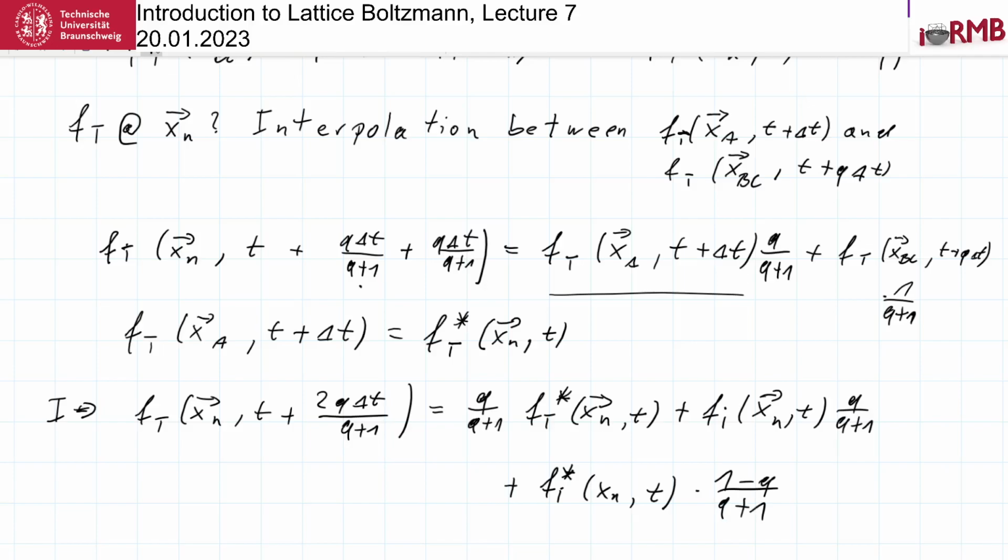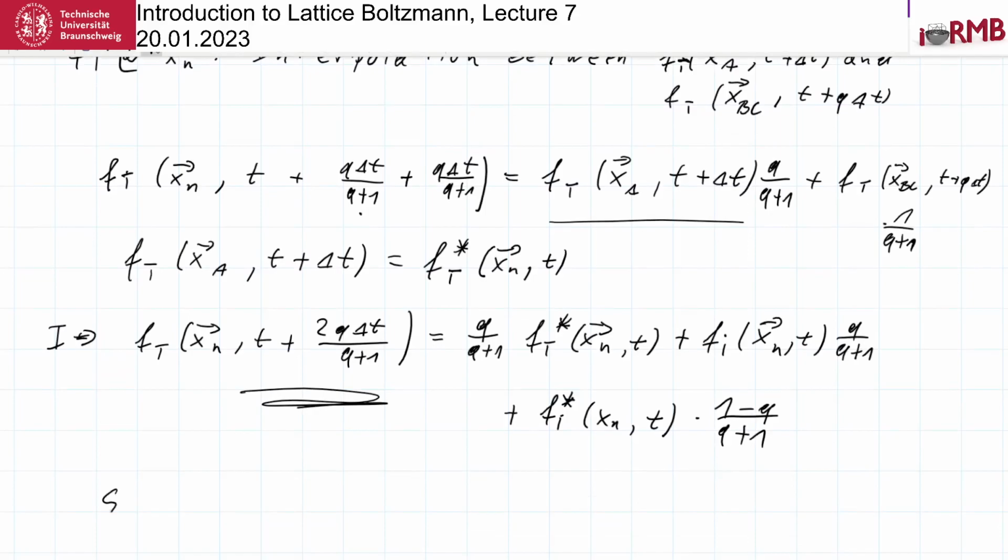So the important thing here is now that everything on the right-hand side is strictly depending only on xn and t. The only problem that we have is that our boundary condition appears in the wrong place in time. Because there is not delta t as it should be, t plus delta t, but it's 2q divided by q plus 1 delta t.